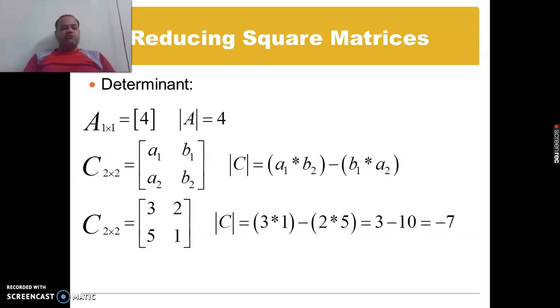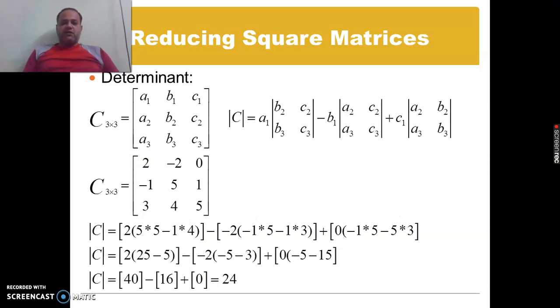Here this A matrix has a determinant of 4. C is a matrix of order 2 by 2, so we take the cross product of elements and get the determinant. This is another example, of order 3 by 3, and here we take the determinant like this.